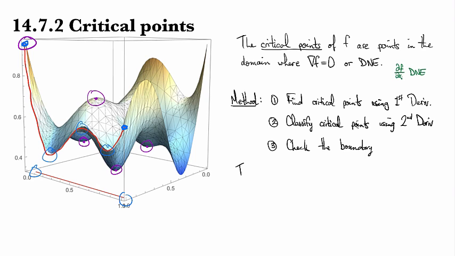So then the maximum is just going to be the largest value in this list, right? So we get a list of critical points, and here when I say max, I mean the absolute max, I should say.